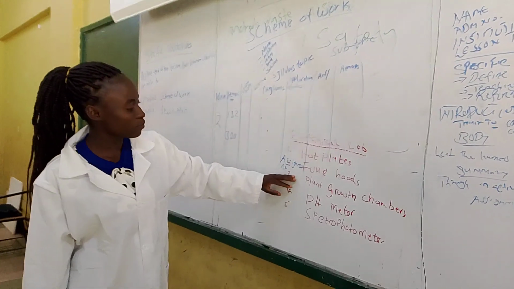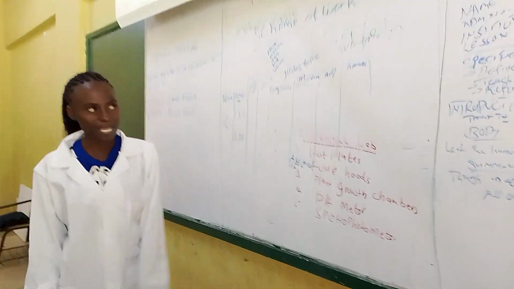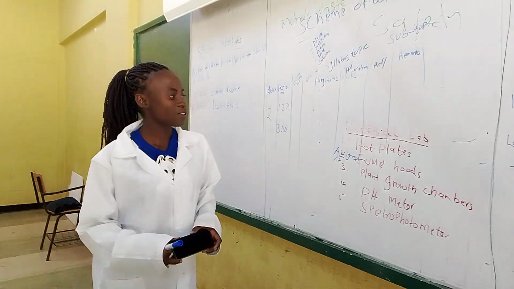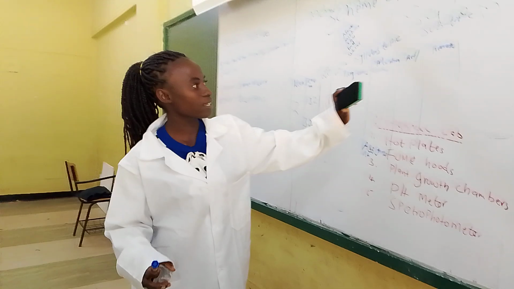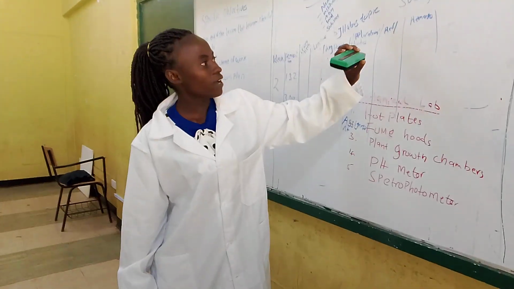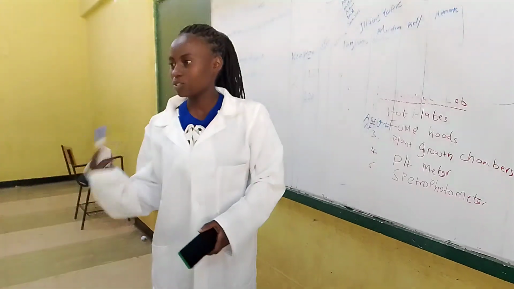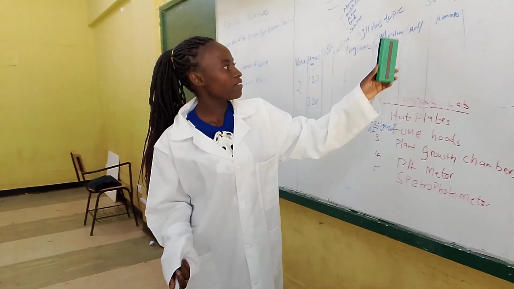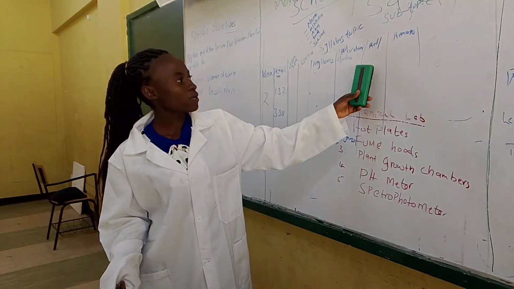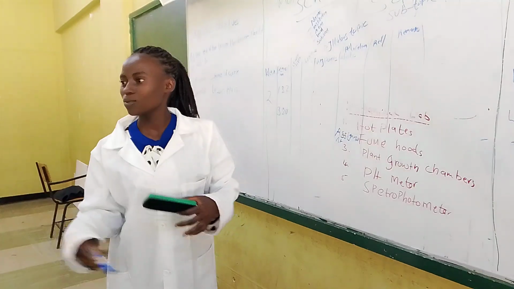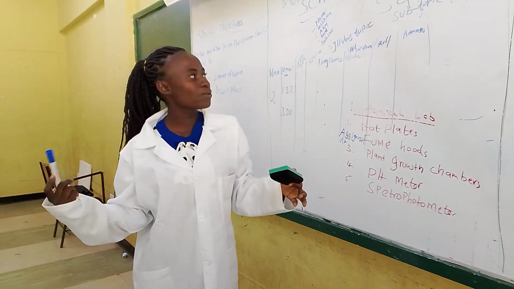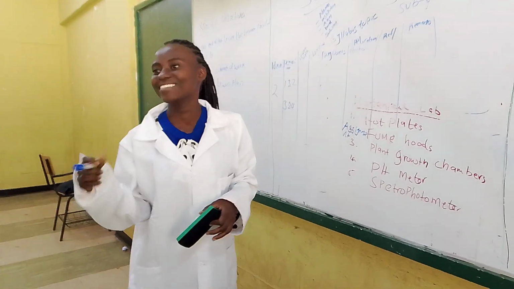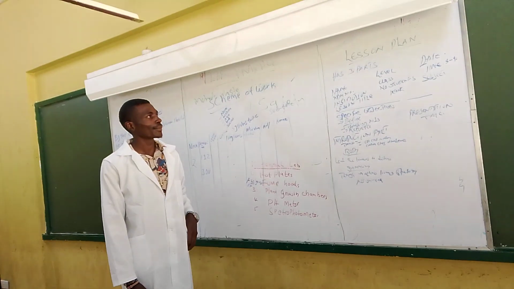There below, you have to give your learners the assignment. Make sure by the end of the lesson you give the assignment. Then the remarks, you write the remarks after you have taught the lesson. On the reference column is where you write the books.